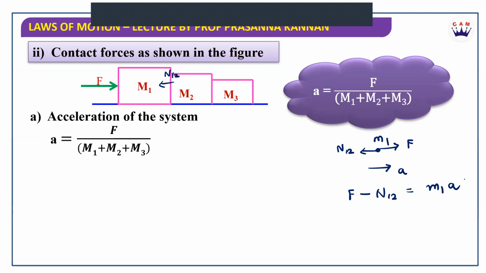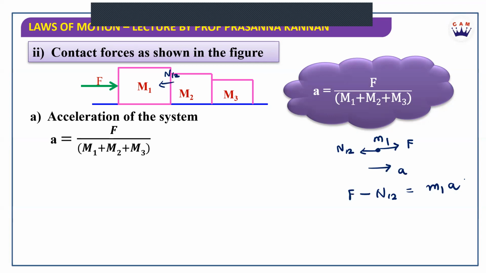Is it clear, students? F minus N12 is equal to M1 into A. Earlier we were doing it for the y-axis. Now we are doing it for the x-axis. I'll explain this once more. Listen carefully. What is this mass? M1. What is the force acting towards the right? F. What is the force acting opposite?